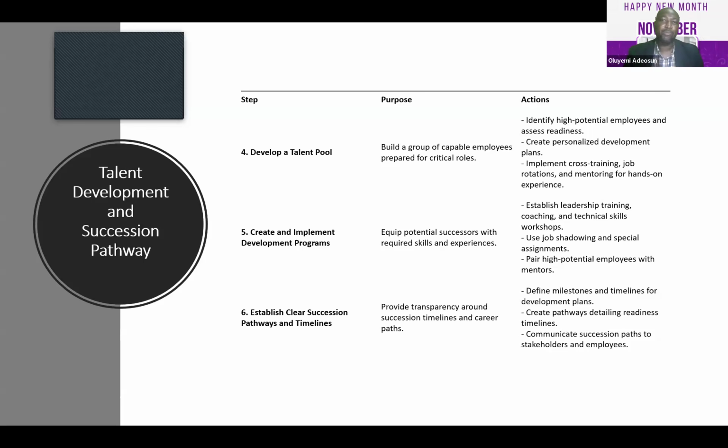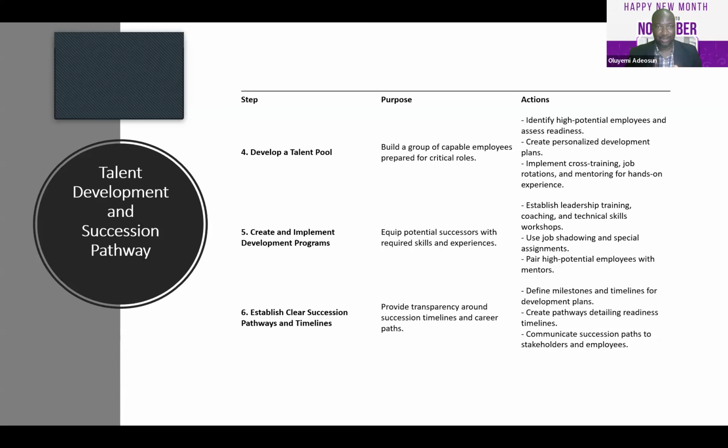You want to build a group of capable employees prepared for your critical roles. So identify high potential employees, create personal development programs, implement cross-training, job rotations, and mentoring for hands-on experience.